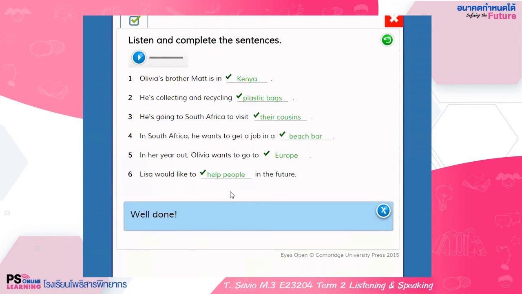He's going to South Africa to visit their cousins. 4. In South Africa, he wants to get a job in a beach bar. 5. In her year out, Olivia wants to go to Europe. 6. Lisa would like to help people in the future.